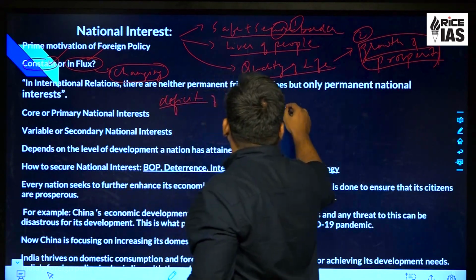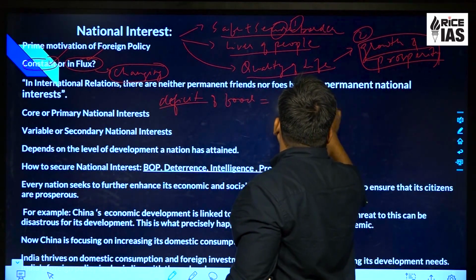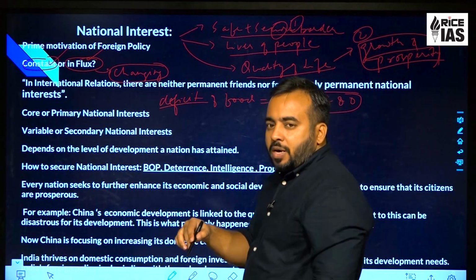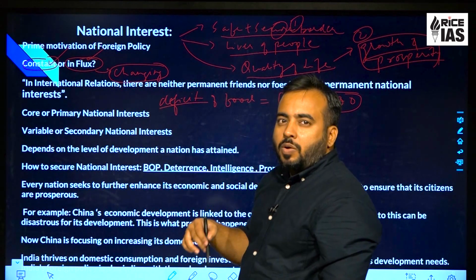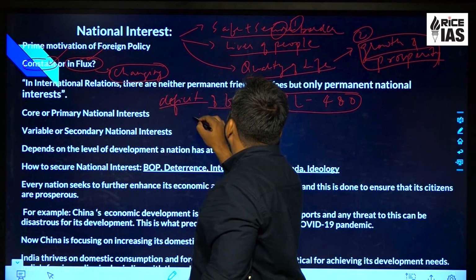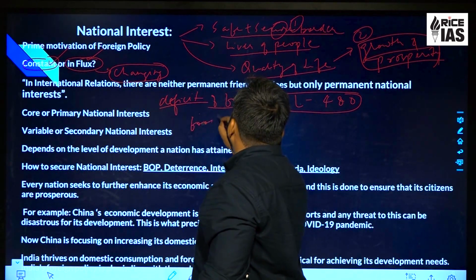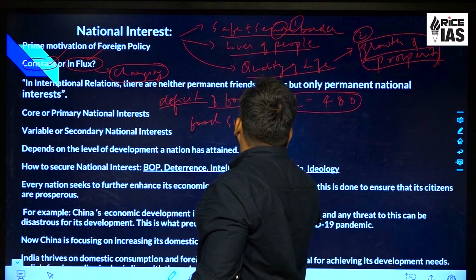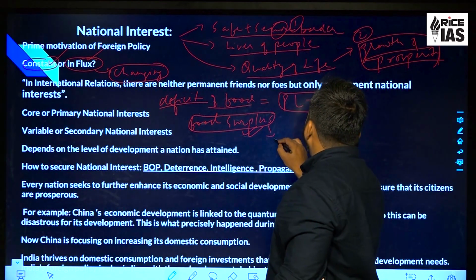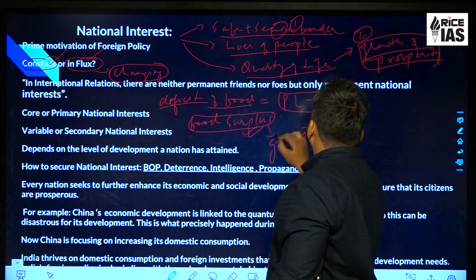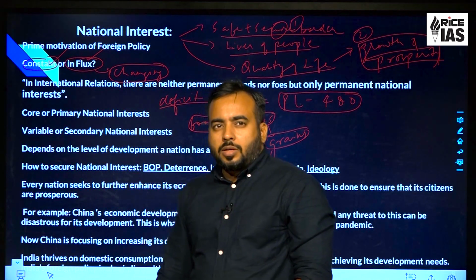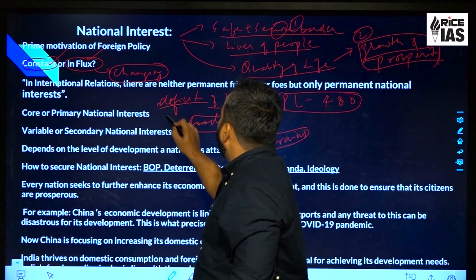So India needed to have a good relation with the USA to get grains under the PL 480 program. But the Green Revolution was largely successful. India is a food surplus country now. India is able to supply grains, in fact. So the situations have changed. So this is in flux.